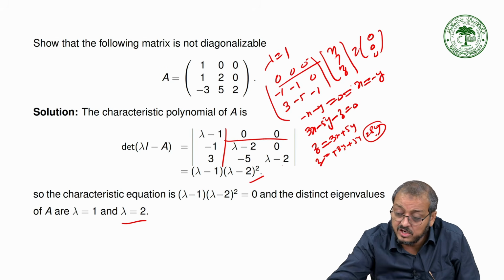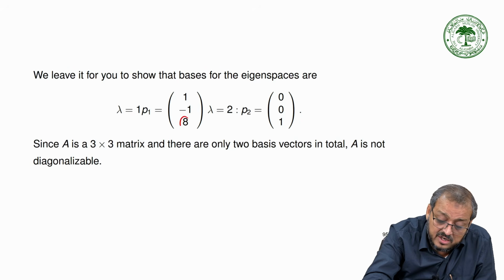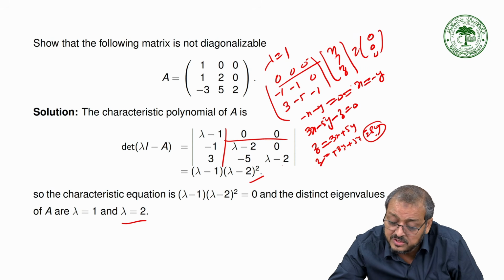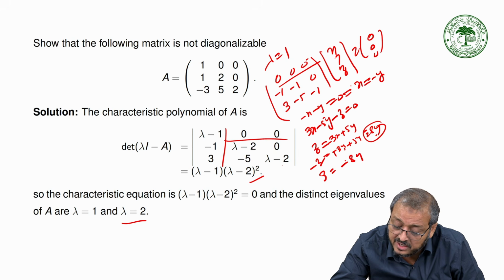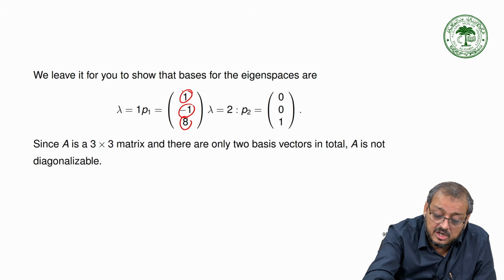If we take y equal to minus 1, then z is equal to 8, and x is equal to 1. So this is the eigenvector corresponding to this.